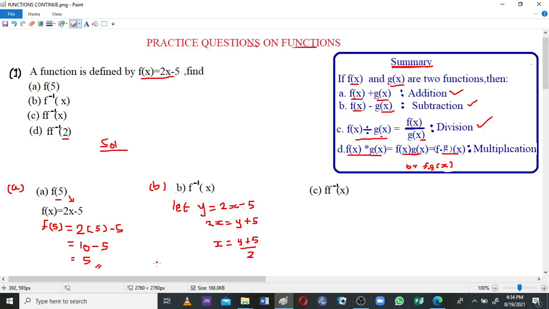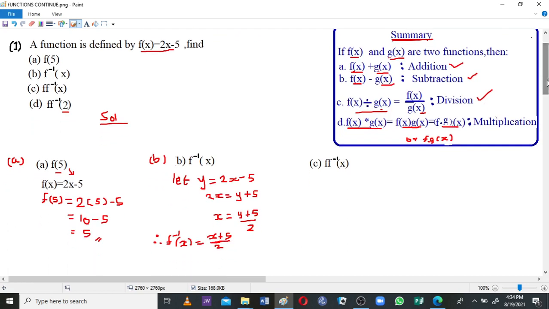And now we can write that, therefore, the inverse for our function f(x) is nothing but, we are going to substitute y by x, (x plus 5) over 2. So this is our inverse function.